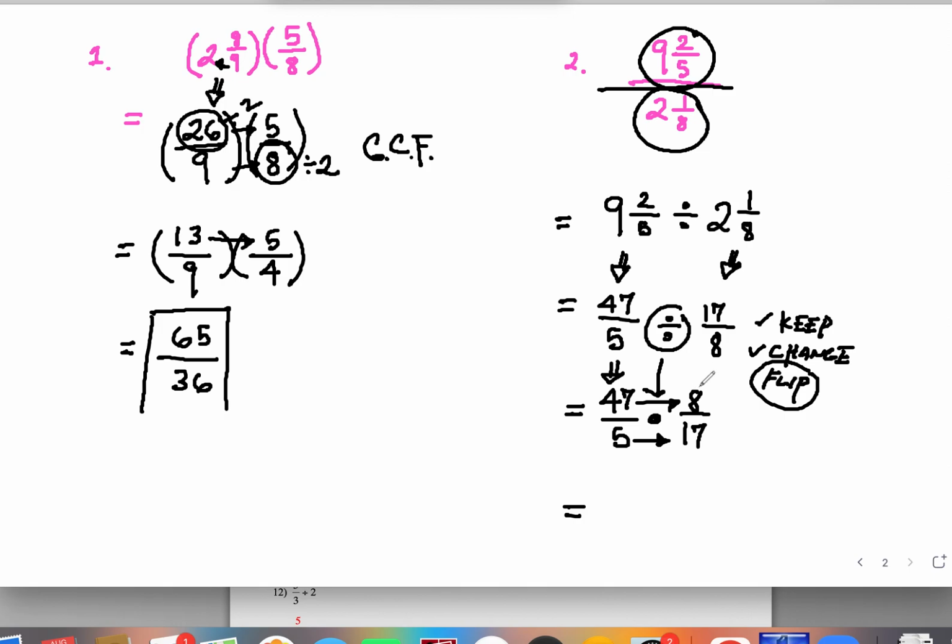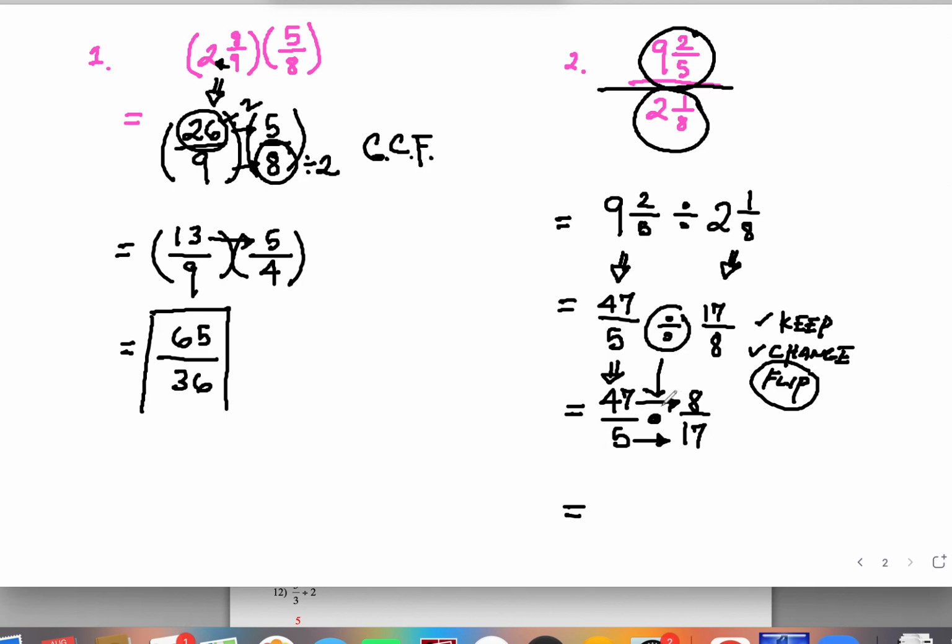Those are the factors of 8. Can I divide 5 by 2 and get a whole number? No. If I count by 2s, do I hit 5? 2, 4, 6. No, I skipped 5. If I count by 4s, do I hit 5? No. If I count by 4s, do I get to 17? No. So there's nothing that can cancel on the top with anything on the bottom.